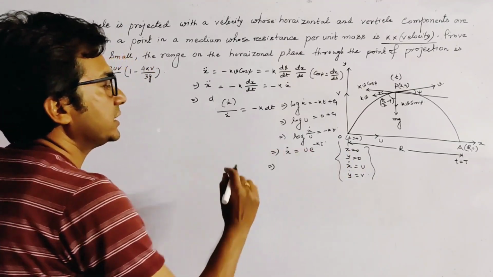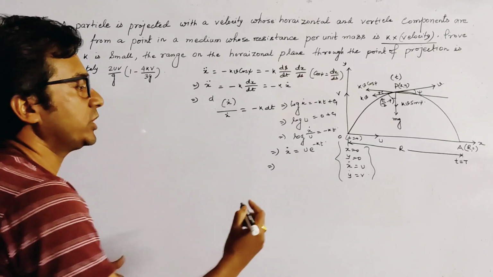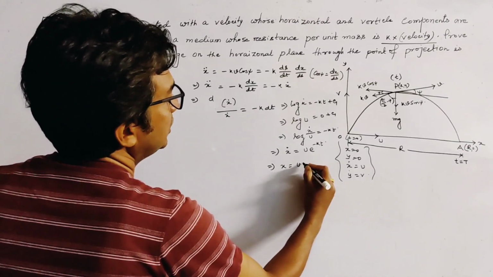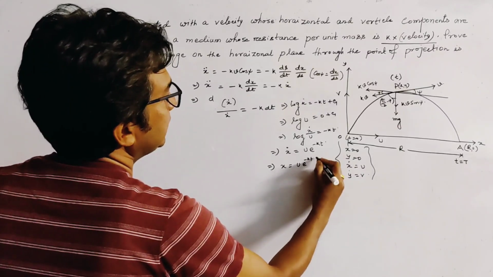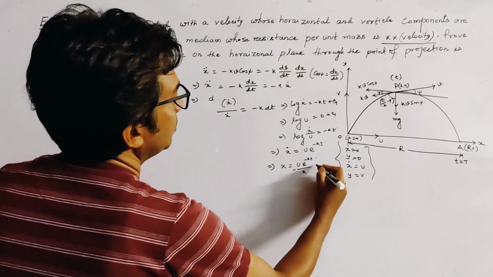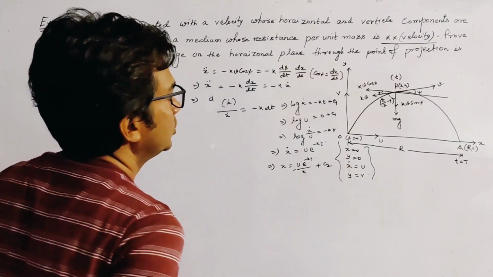We integrate this relation one more time. We get x equal to u into e to the power minus kt by minus k plus c2.